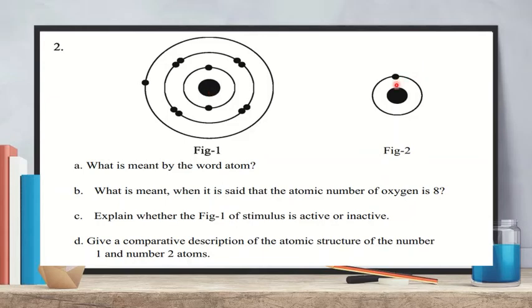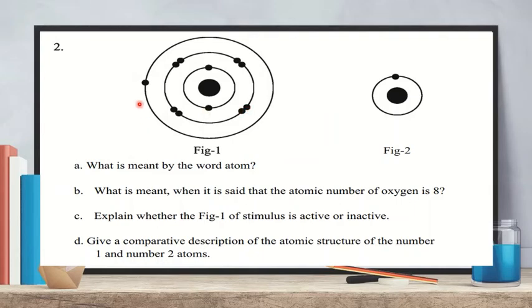But hydrogen atom has 1 proton and no neutron in the center. Sodium atom has a total of 11 electrons, distributed in 3 energy shells. But hydrogen atom has only 1 electron, in only 1 energy shell.